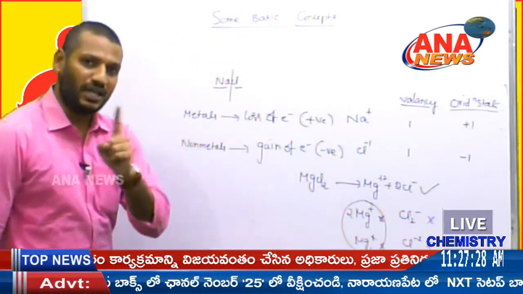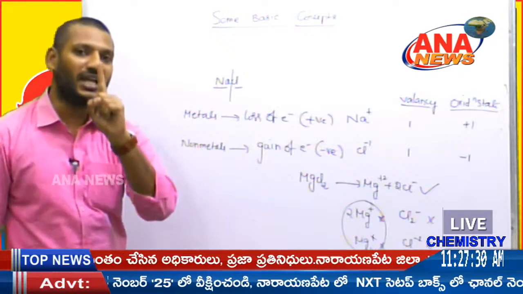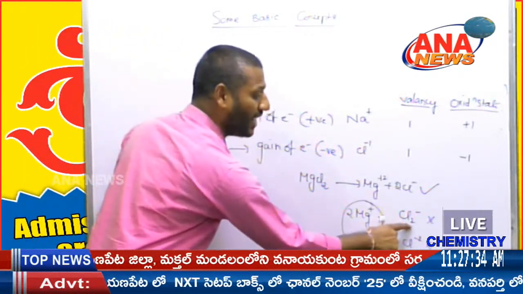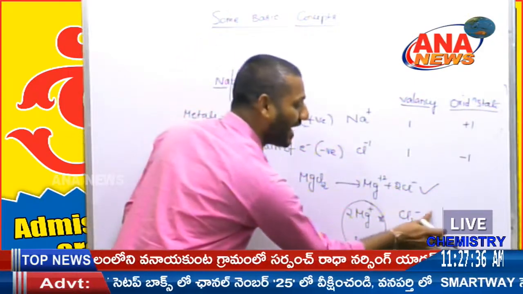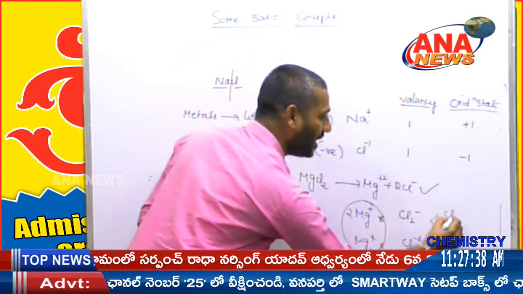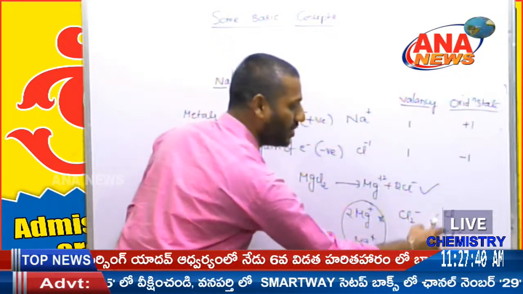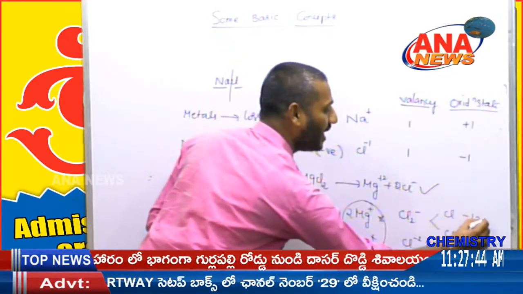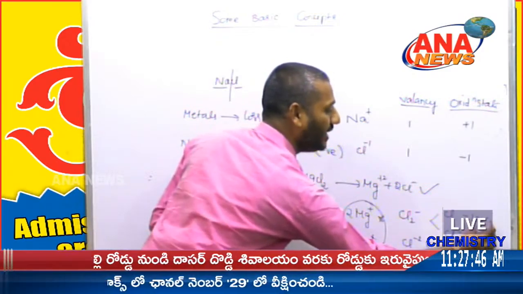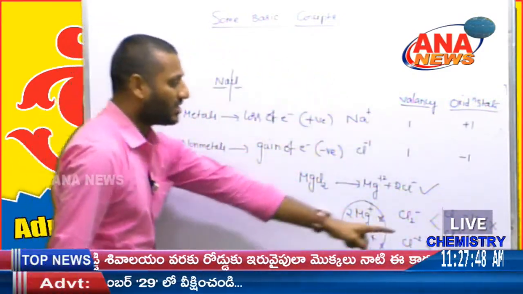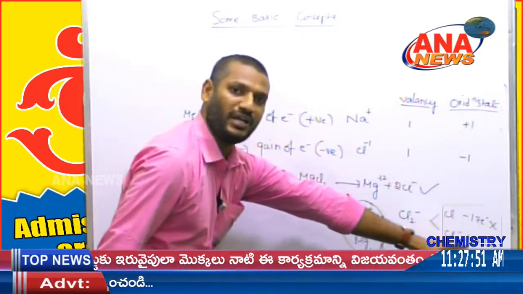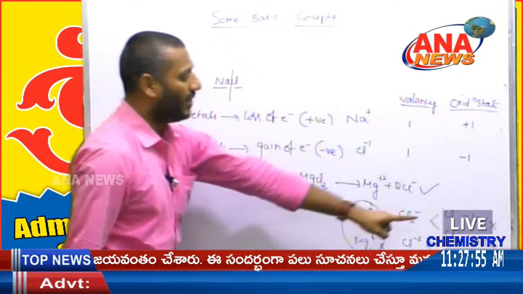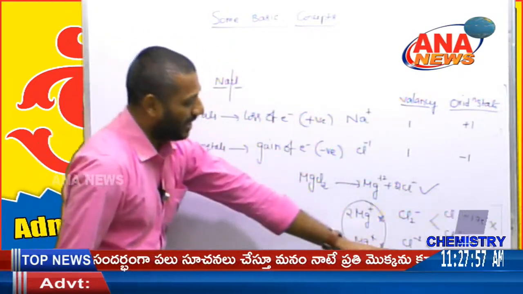Similarly, a single chlorine atom gains only a single electron, not 2 electrons. So here the 2 chlorine atoms can be cleaved like this, Cl and Cl minus. Cl has only 17 electrons, and Cl minus has 18. If an element's outermost configuration has 8 electrons, it is an octet and stable.